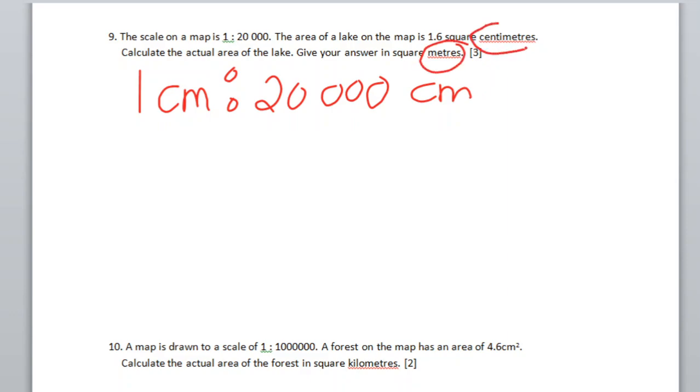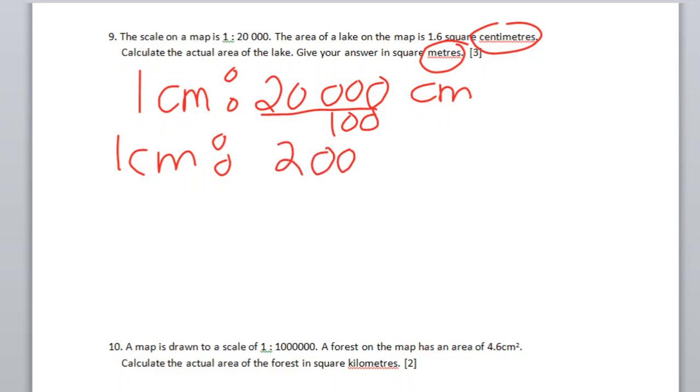So we need a ratio that will give us a relationship between centimeters and meters. So let's change this into 1 centimeter ratio 20,000 centimeters. How do we change this into meters? By dividing this by 100. So we get 200 meters. So 1 centimeter corresponds to 200 meters.